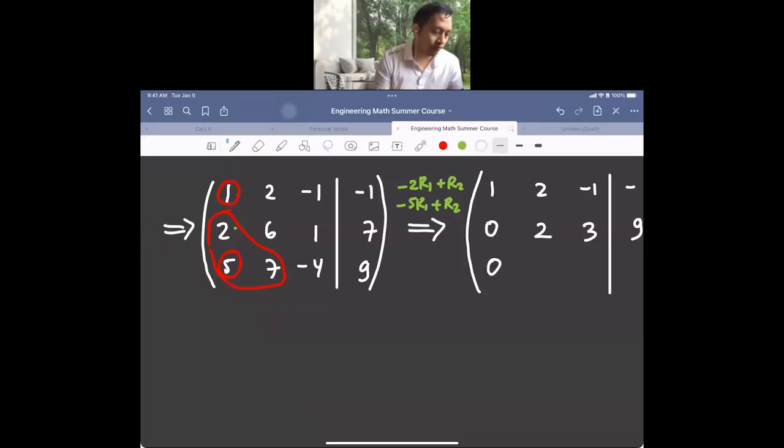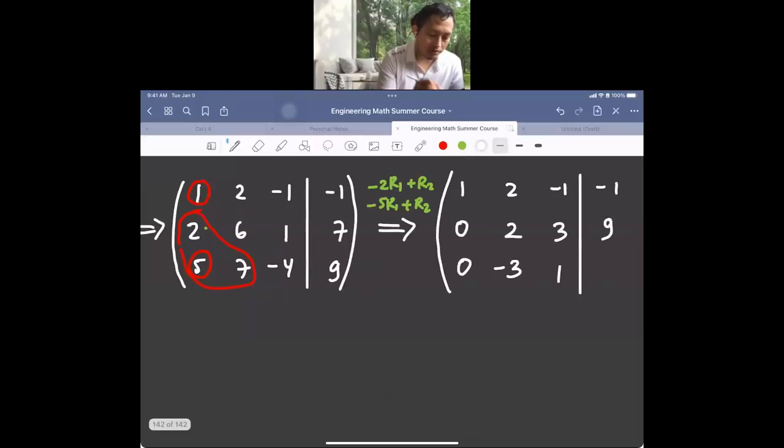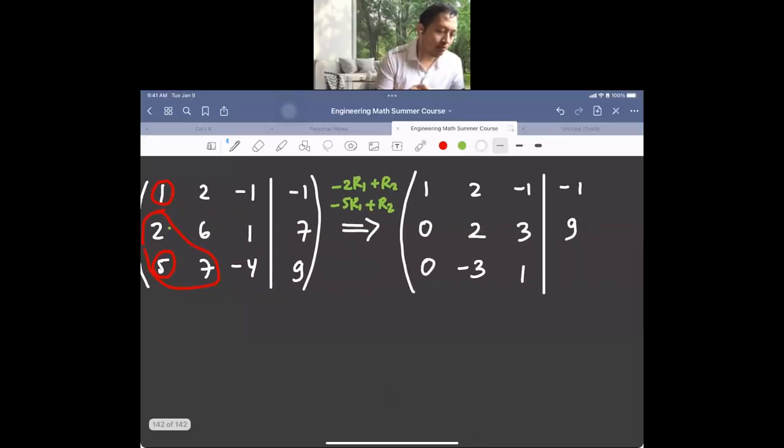So 5 minus 5 is 0. 7 minus 10 is -3. 1 minus 5 is -4, so minus a minus 5, it's 1. And 9 minus 5 is plus 5, becoming 14.